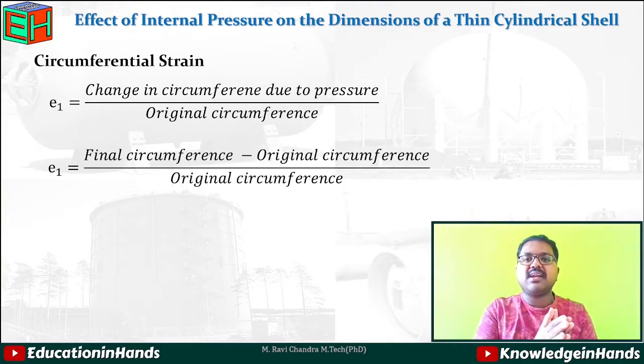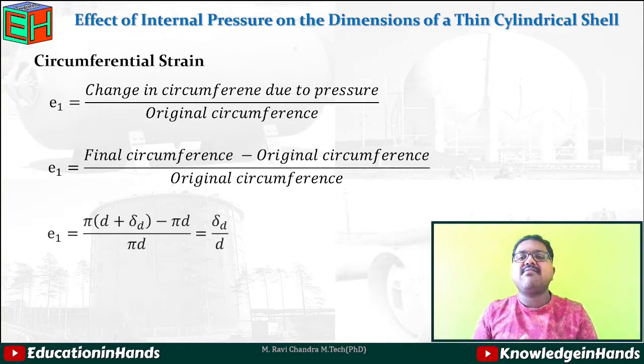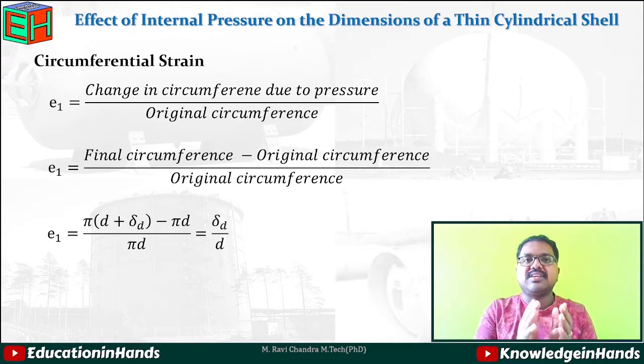So we get E1 as pi into d plus delta d, the final diameter, minus pi d, the initial circumference, by pi d, which gives E1 as delta d by d, the change in diameter by the original diameter.